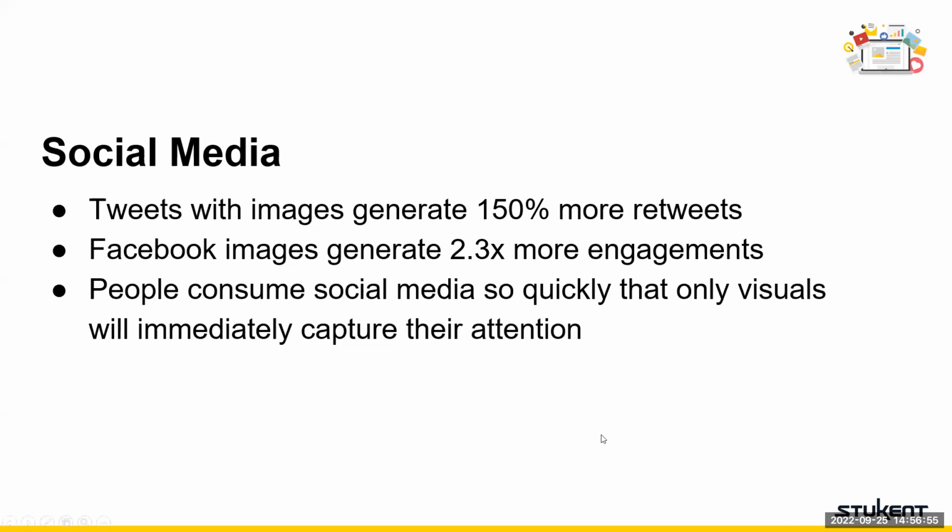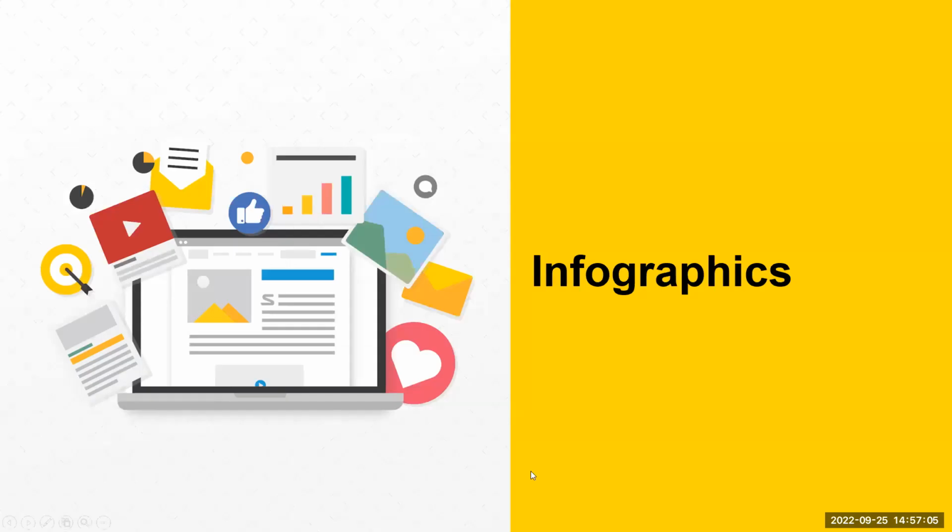Because people consume so much social media in such a short period of time, you need that attention-grabbing visual, and then something that connects with them to keep them there.